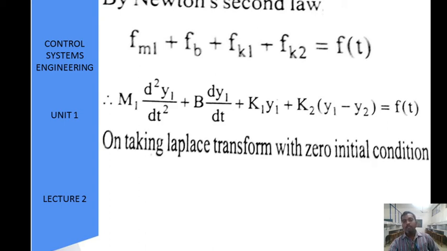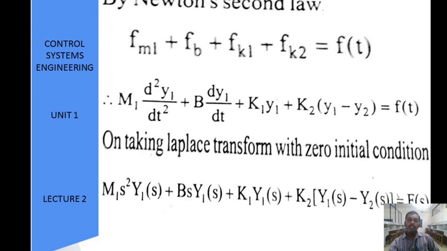By taking the Laplace transform on both sides, that can be written as m1 s square Y1(s) plus b s Y1(s) plus k1 Y1(s) plus k2 into (Y1(s) minus Y2(s)) equals F(s).